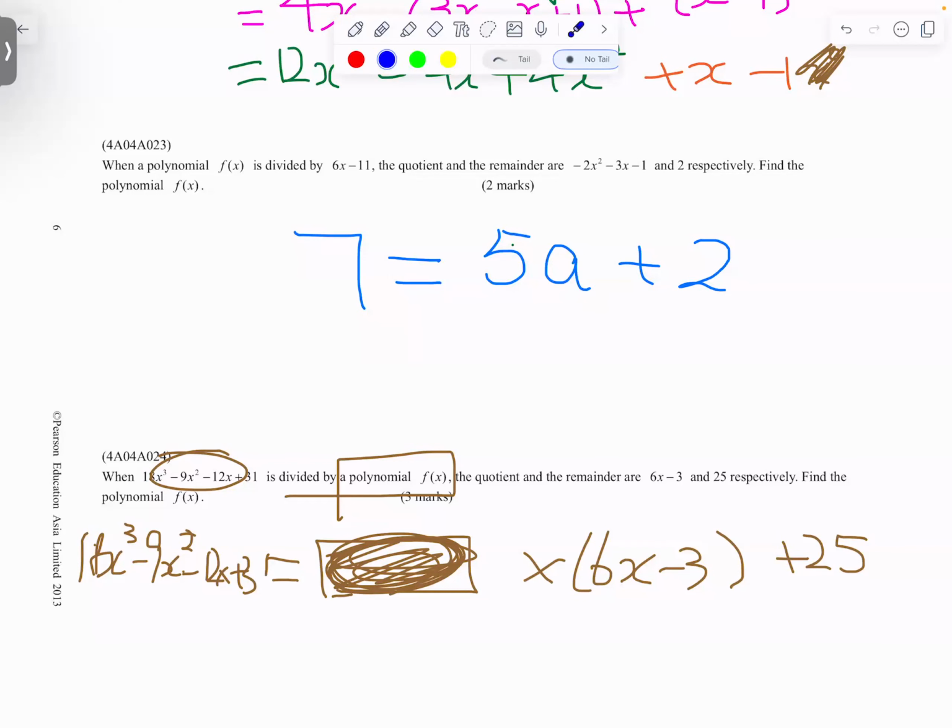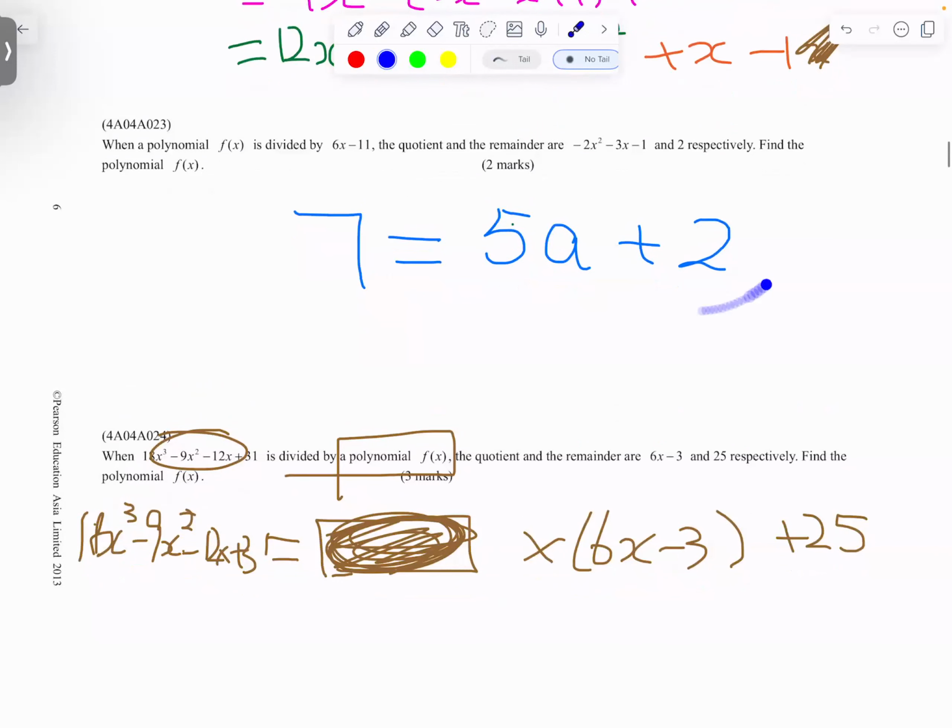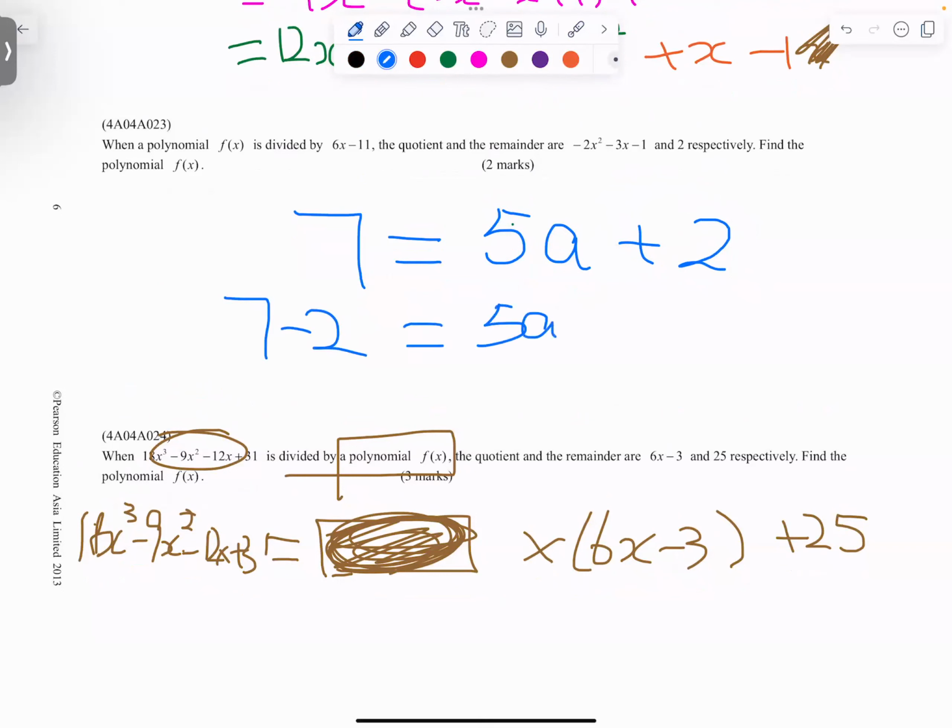Remove the 2 to the other side first, and then see if anything from there can be calculated. 7 minus 2 is 5. And then 5 is also multiplied here, so you also divide to the other side, and you can get that.